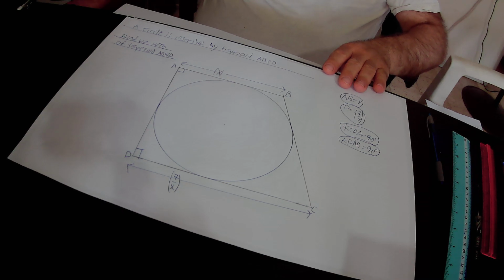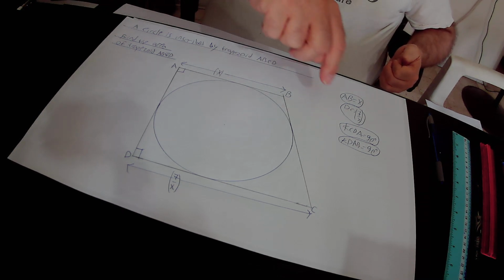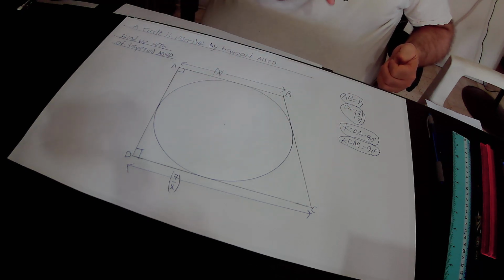Okay. First of all, we will define the points of tangency of this trapezoid ABCD with this circle with letters.